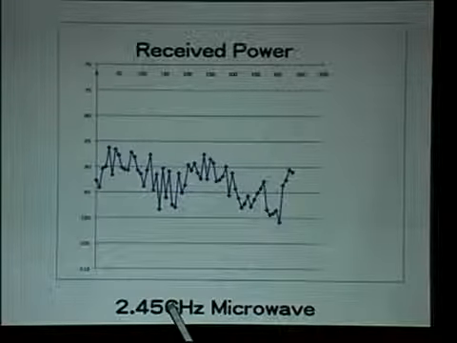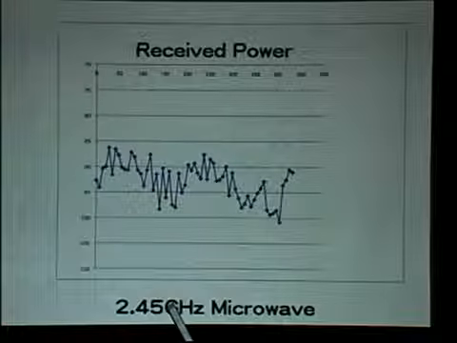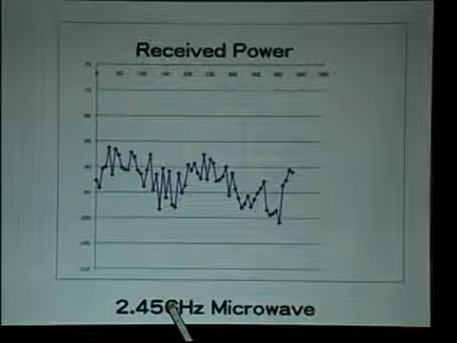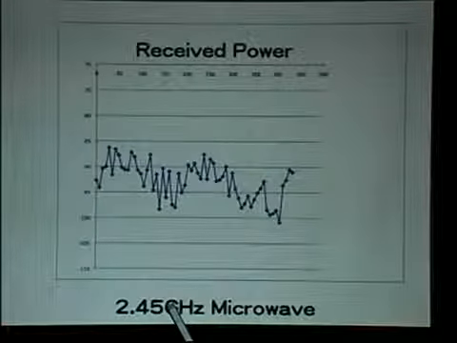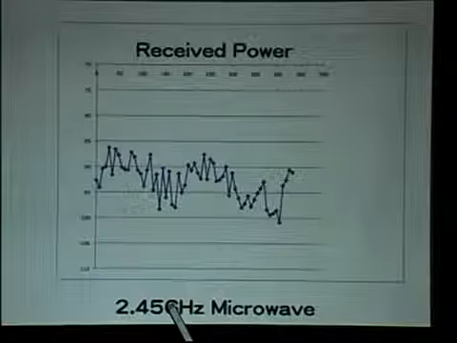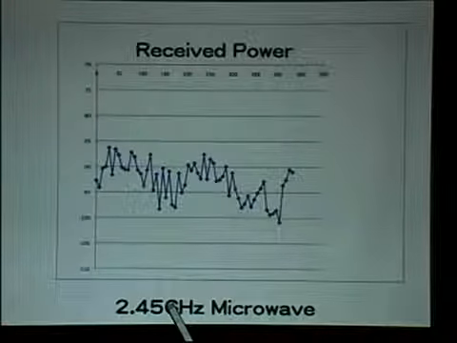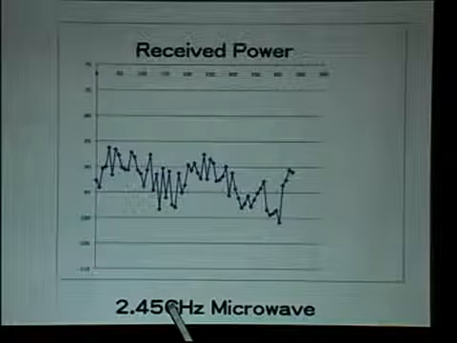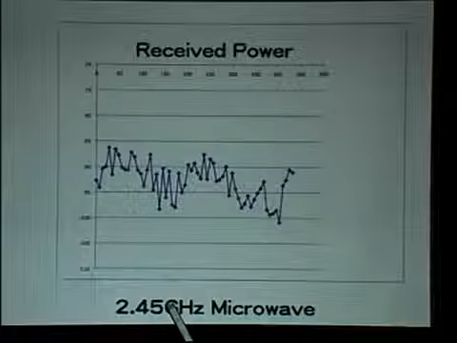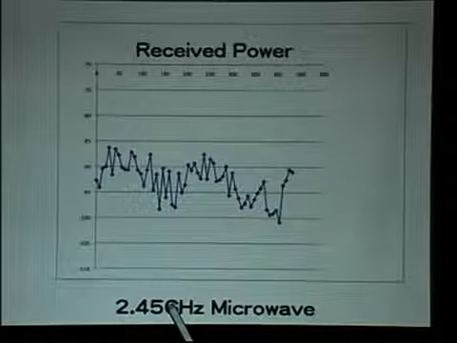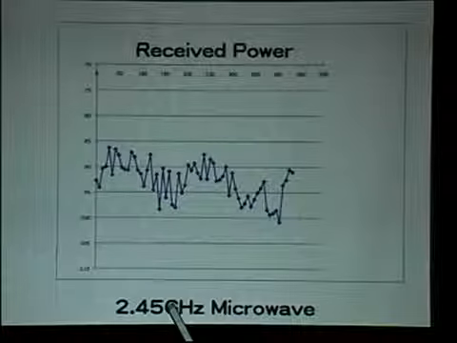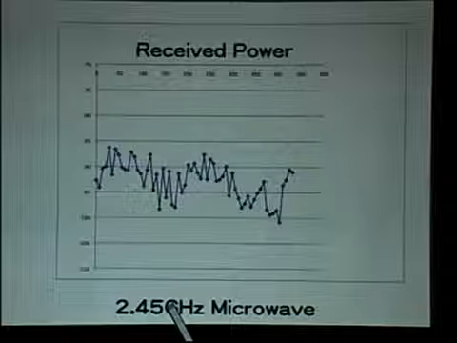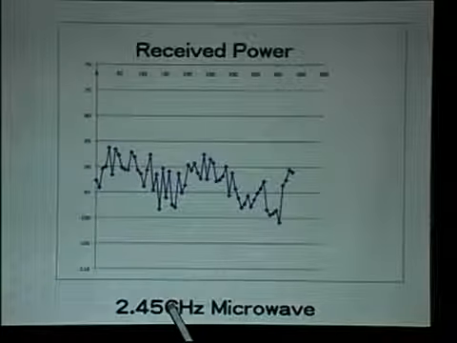We have a very large variation in the receiving power. If the microwave is attenuated 10 dB, it means 1/10. It indicates that power transmission over a long distance between high mountains is difficult.